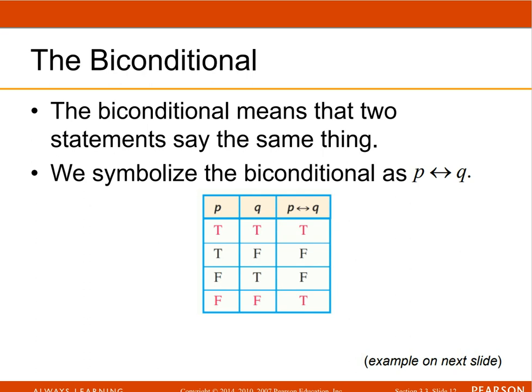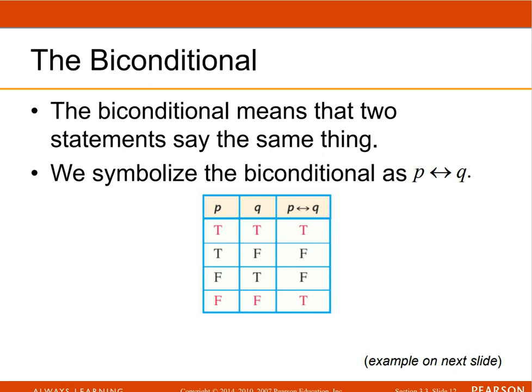I think the example that I used was about the triangle. If you have a polygon with 3 sides, then you have a triangle. But if you switch it and said, if you have a triangle, then you have a polygon with 3 sides, it's true either way you word it.